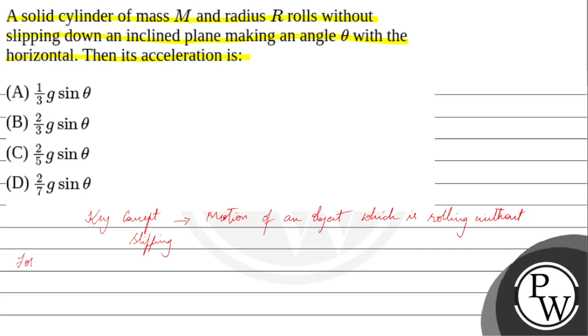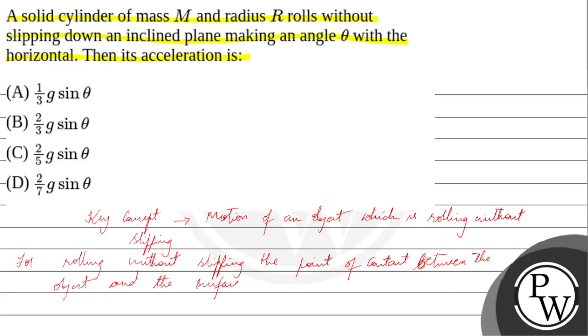For rolling without slipping, the point of contact between the object and the surface is at rest with respect to the surface.